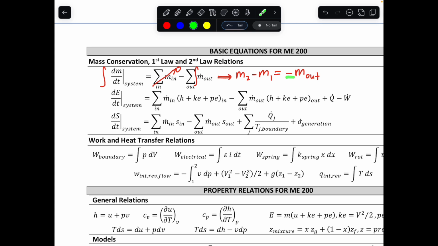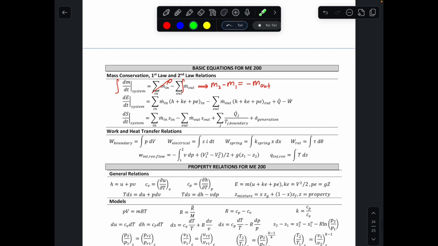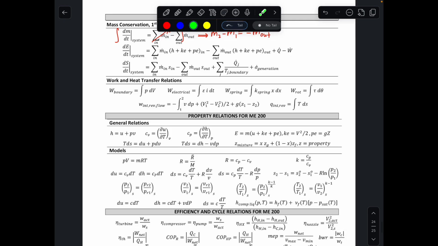Right, negative sign because we're subtracting it here in our equation, and then this will be our delta m that we get from integrating this term. And so, like I said, we can use specific volume at each of the states to find these two quantities, and then that will give us our total mass that leaves the system. And so the only other equation that we need here is our quality equation that you see here.